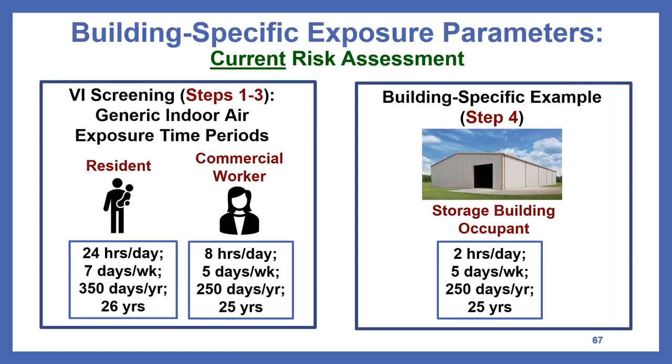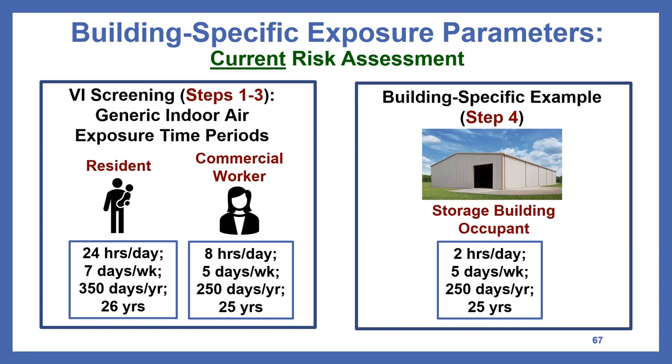I'm now going to go through an example to explain what we mean by using building-specific exposure parameters to refine current risk assessments. So for initial screening, we typically use a generic indoor air exposure time period, as shown here. So for commercial worker, we assume 8 hours a day, 5 days a week, 250 days a year, up to 25 years of exposure.